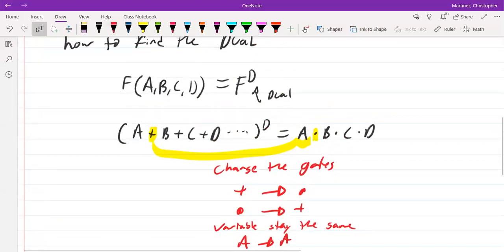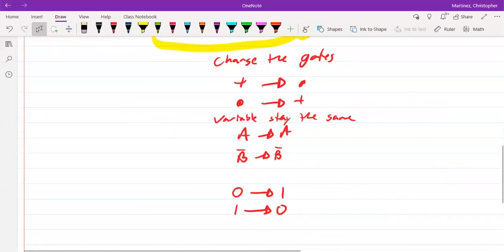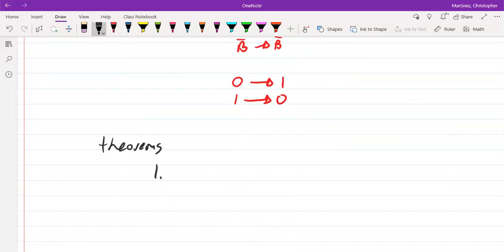So let's look at these expressions we have. Let's look at number 1 on our theorems. So number 1 said x plus, sorry, got that wrong. x and the y, or with x, y bar is equal to x. So let's say we take this and we're going to do the dual on it.